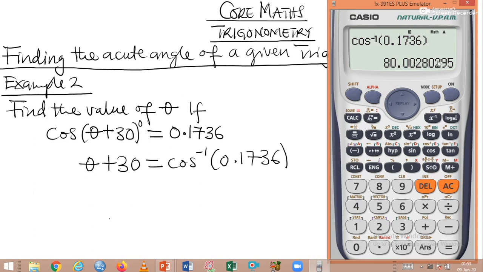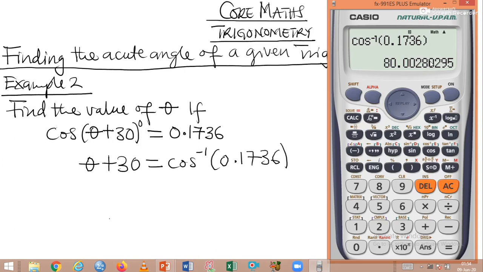Now it's advisable to approximate it to 4 decimal places. If the number of decimal places is too much, it is accepted when you leave it to 4 decimal places. And mind you, the ratio was given in 4 decimal places. So this is the first decimal, second, third, and fourth. When we count the 4, we look at the next value.